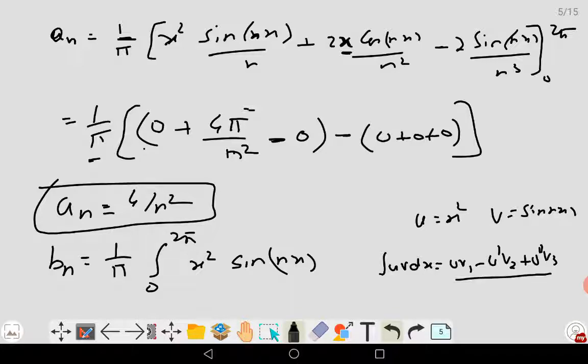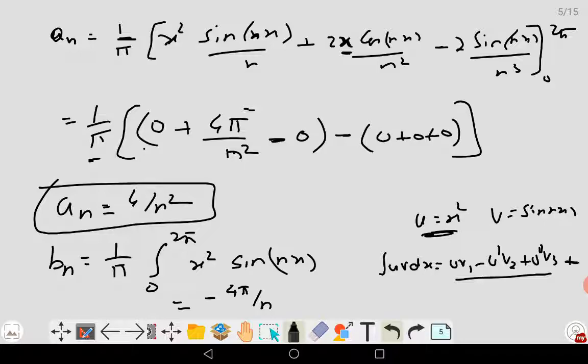Find u prime and u double prime. Only up to the second derivative is possible; the third derivative will be 0. The answer I am writing here for bn is minus 4 pi over n.